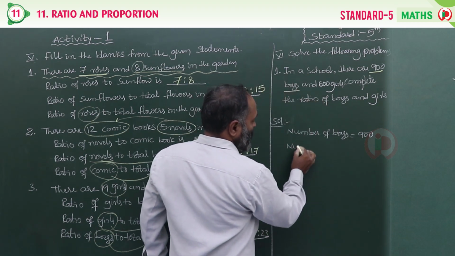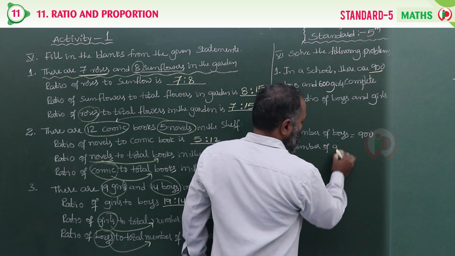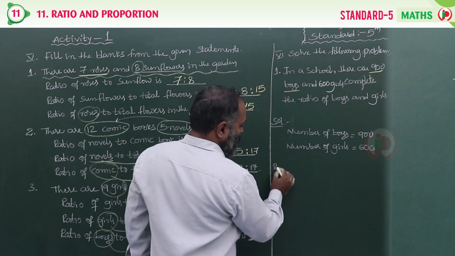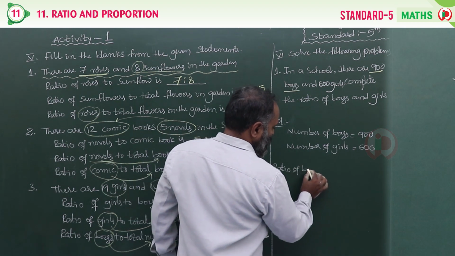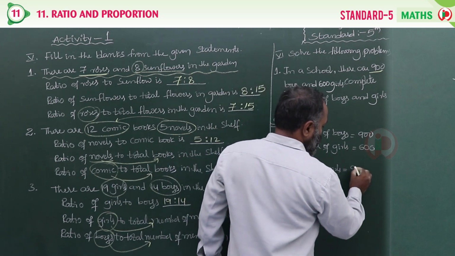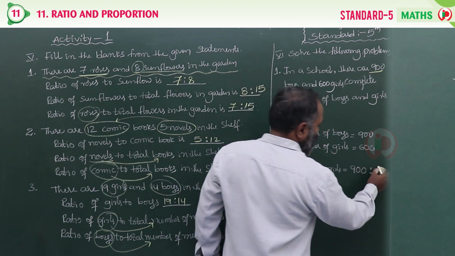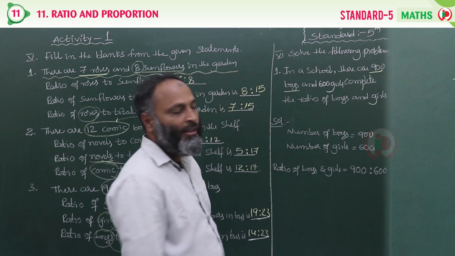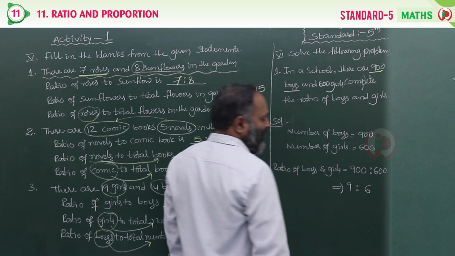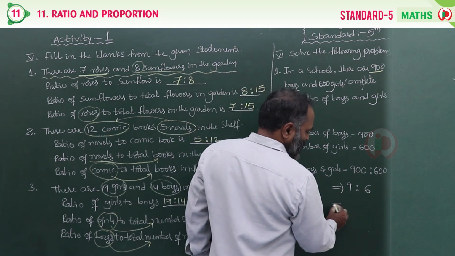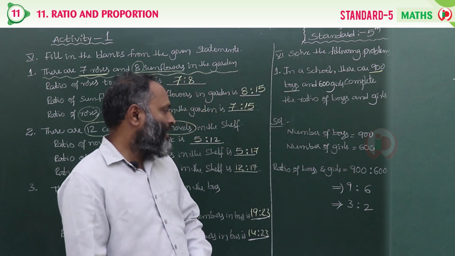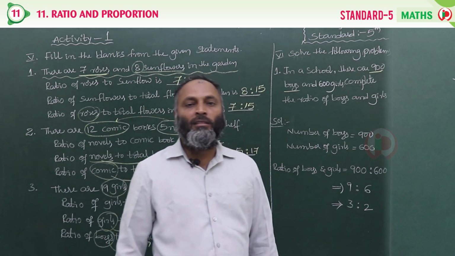And number of girls, how many girls? 600. So the ratio of boys and girls: 900 to 600. In the 100 table, 100 9s, 100 6s, so 9:6. Again these two cancel in the 3 table. 3 3s are 9, 3 2s are 6. Then simplified, what is the ratio of boys and girls? 3:2. Okay students.